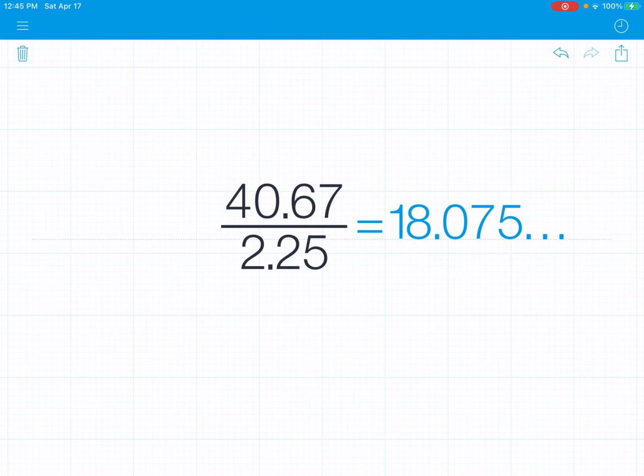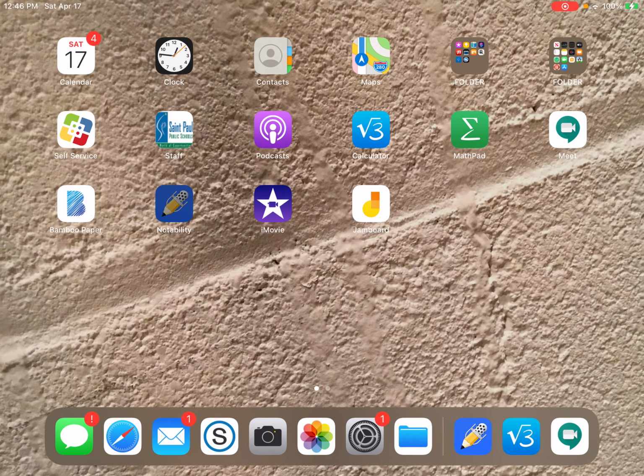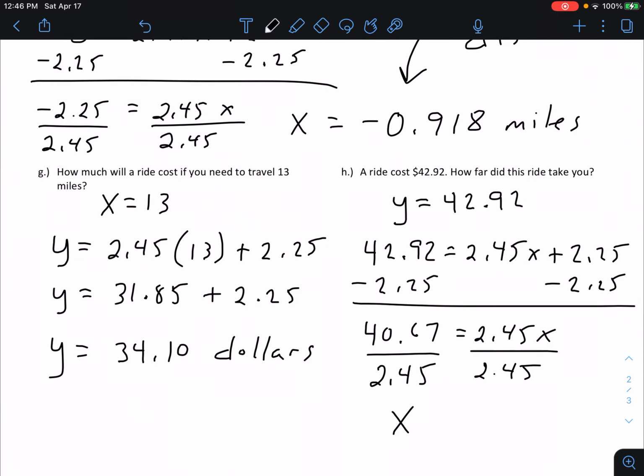Now, what we're talking about here is miles, right? So we could do a little rounding here. That 18.075 would actually be 18.08. Or we could even go so far as to say, that 0.075, that's not a very far distance, so let's just call it 18 miles. All right, so we're going to say x is equal to 18 miles.